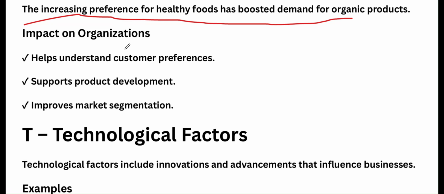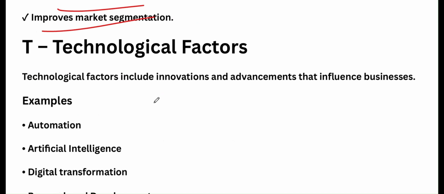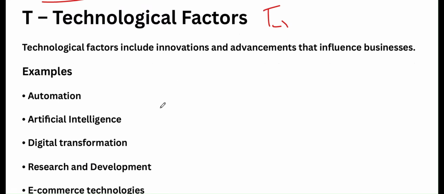So what is the impact on the organization? Helps understand the customer's preference, supports product development, improves market segmentation. Next is technological factor. T stands for technological factors. Technological factors include innovation and advancements that influence the business.